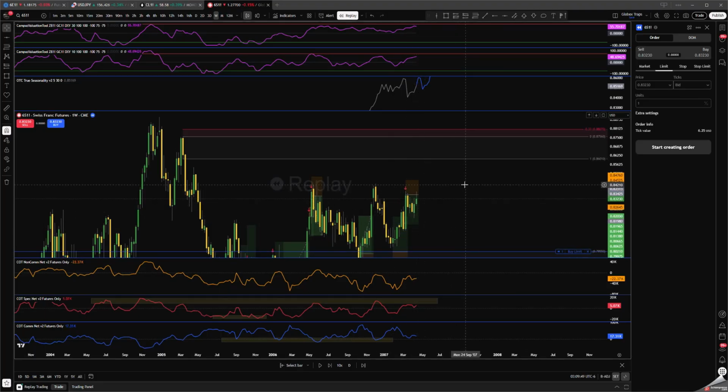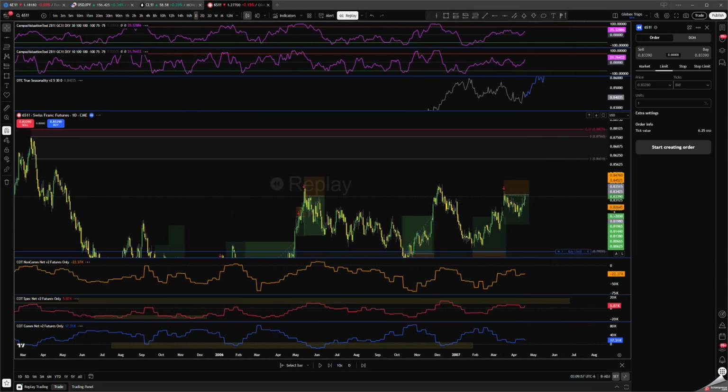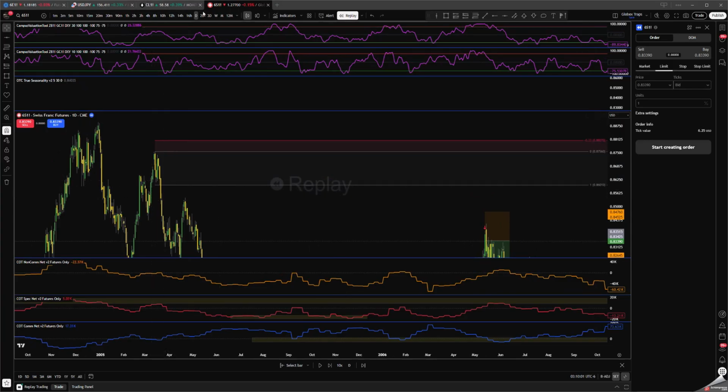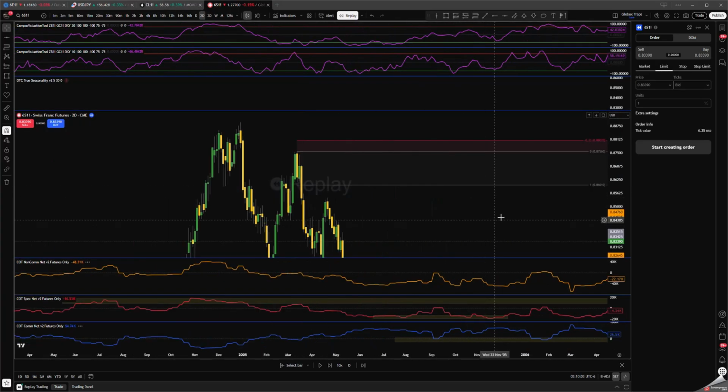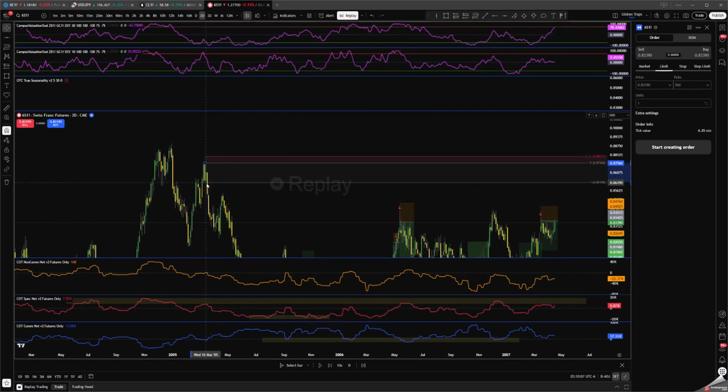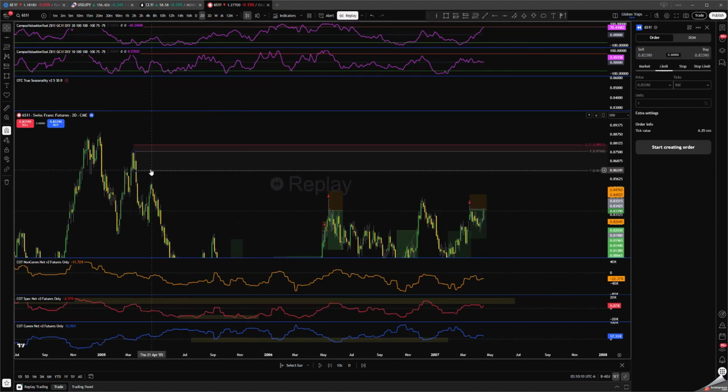And yeah, the next supply is right here. We will look for a short around this area. Let me look at the 2-day candles.